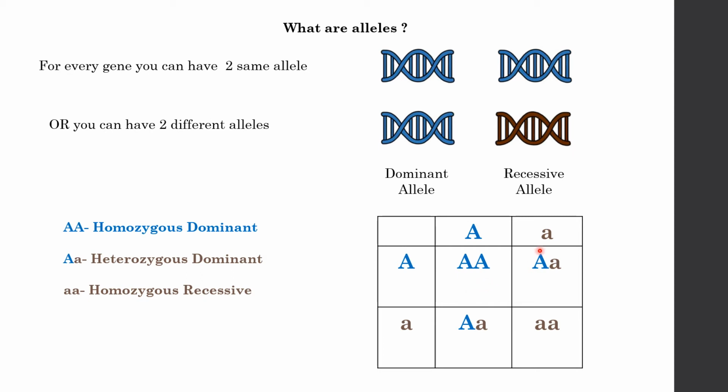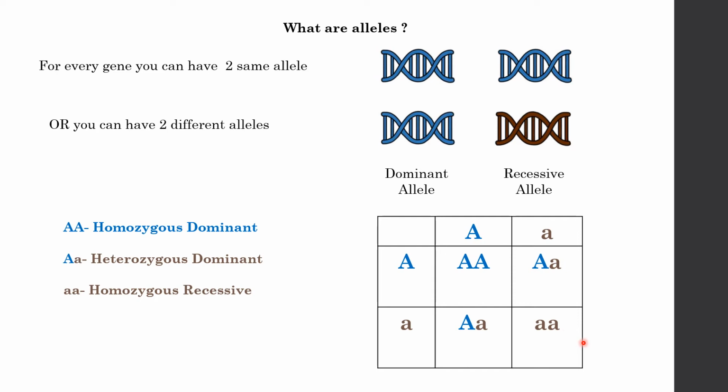If capital A and small a come together, then there is a heterozygous condition. Similarly, you can see here there is a heterozygous condition, and here you can see that there is a recessive condition, small a, small a, for a particular character.